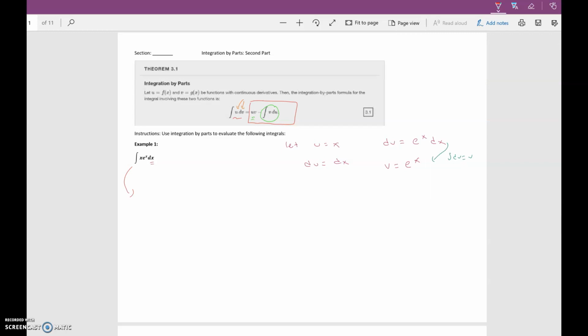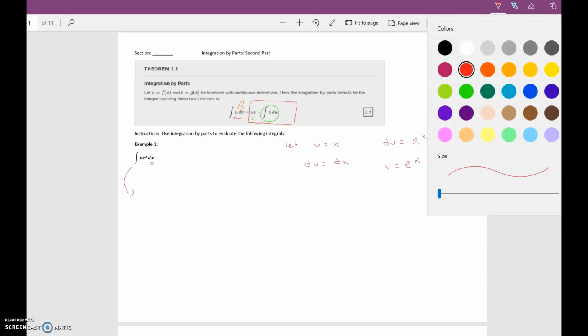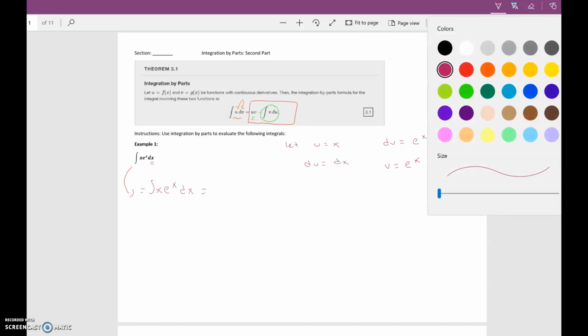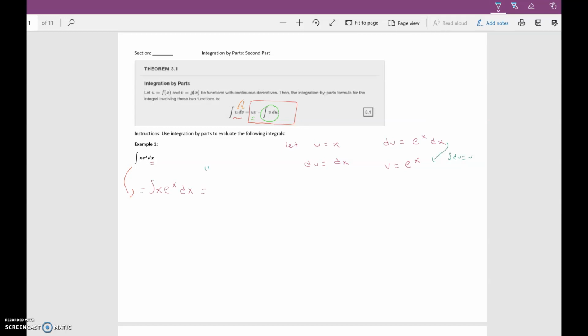Now, this integral is going to work if you can rewrite it in that form. So you still have that the integral of x e to the x dx is equal to, and formula wise, let me just put the formula on the top. It may work best if you rewrite it as uv minus the integral of v du.